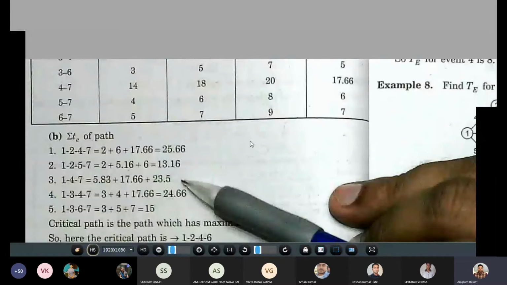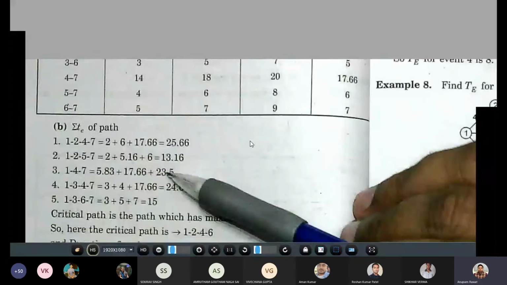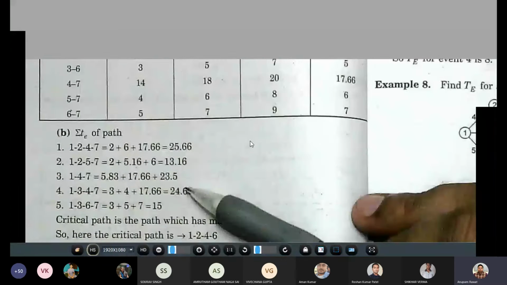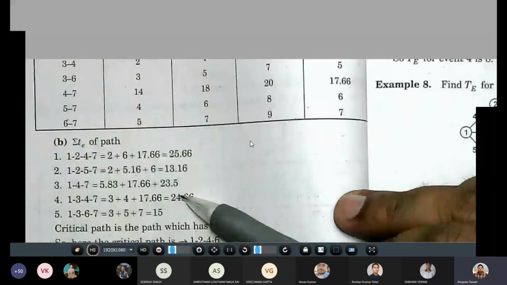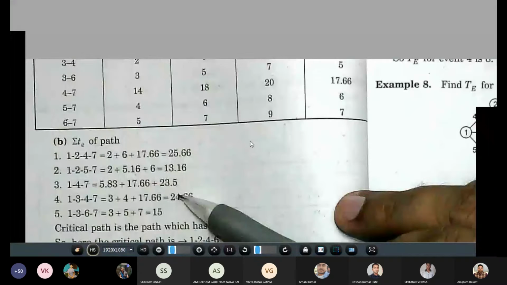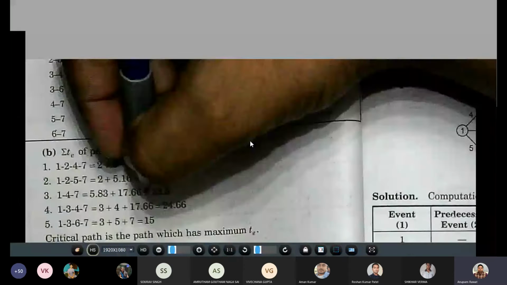So for path 1 it is 25.66. For path 2 it is 13.16. For path 3 it is 23.5. For path 4 it is 24.66. For path 5 it is 15.